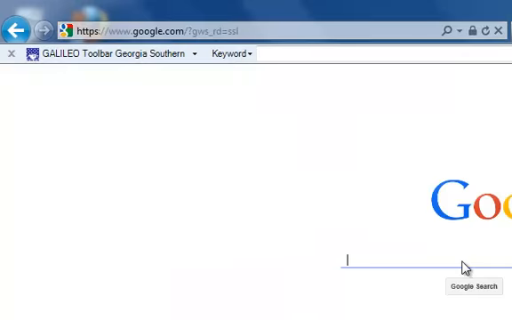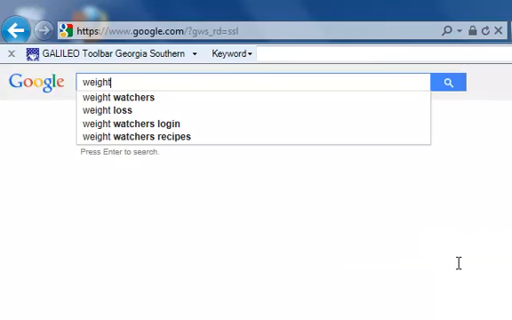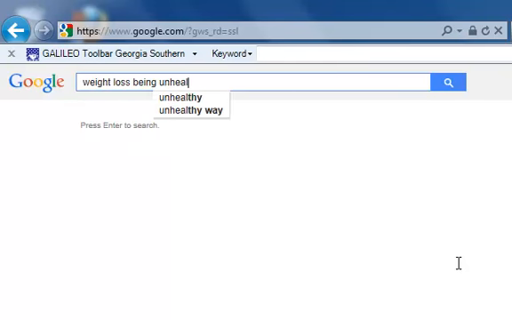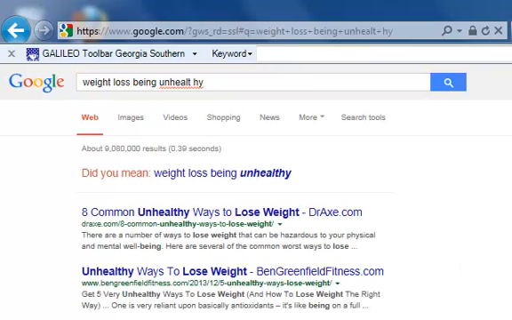Maybe I'll look up and see what people say about weight loss being unhealthy. And choose some sites.